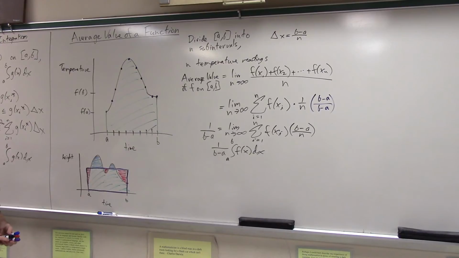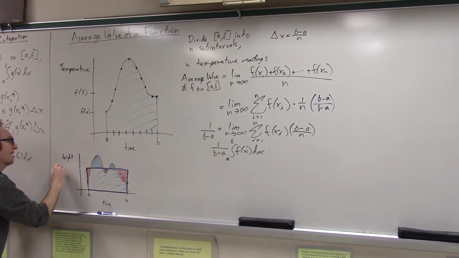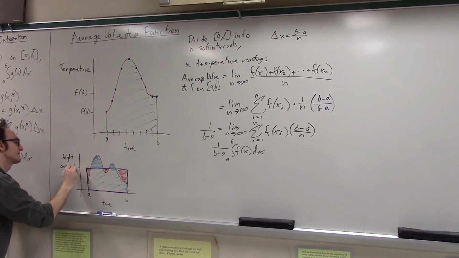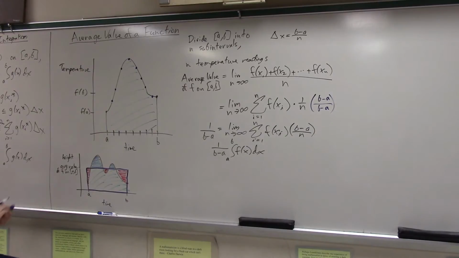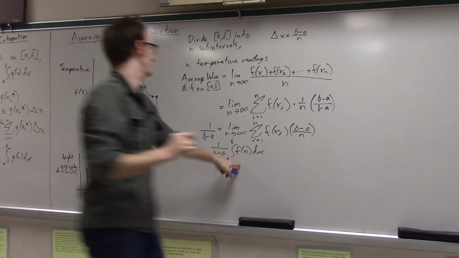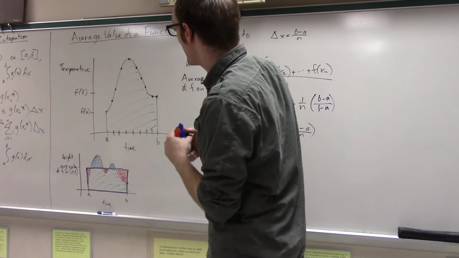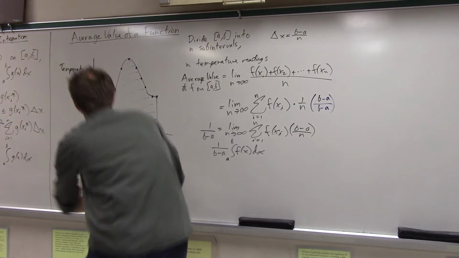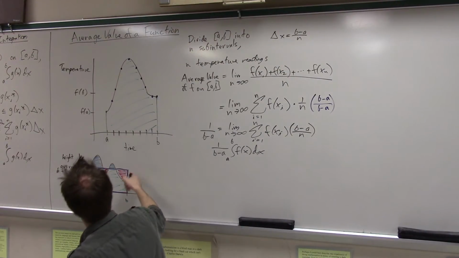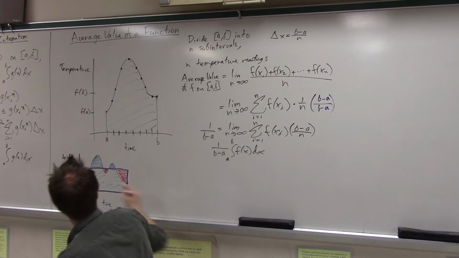Okay, and this is the average value of a function. This y value is the average value of f on the interval AB. And it kind of makes sense, right? Because one way to think about this is you have some average value, and let's just call that value y.